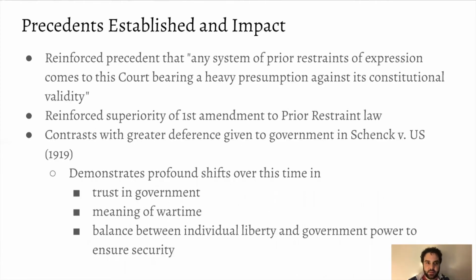So this case is important because it reinforced some precedent that, again, there's a heavy presumption against prior restraint, and that the First Amendment really was substantial in protecting the press from government censorship, and that there was a very high bar that the government had to reach if it wanted to ban the publication of something.